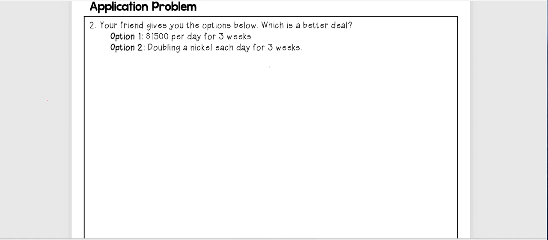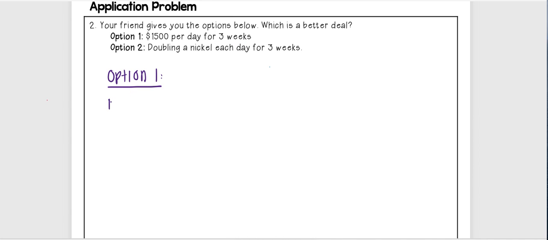be the better deal. So option 1, that tells me I'm going to get $1,500 every day for 3 weeks. So that means the first day I'm going to get $1,500. Next day I'm going to get $1,500. The 15th day, getting another $1,500.